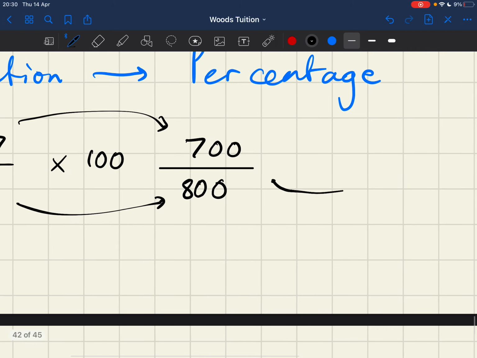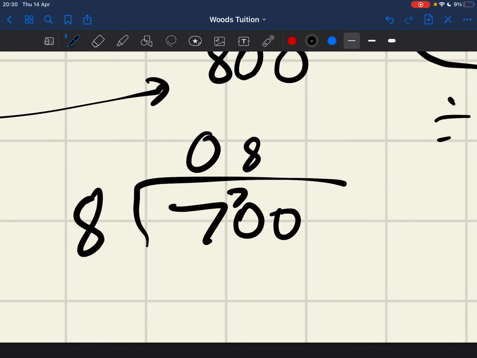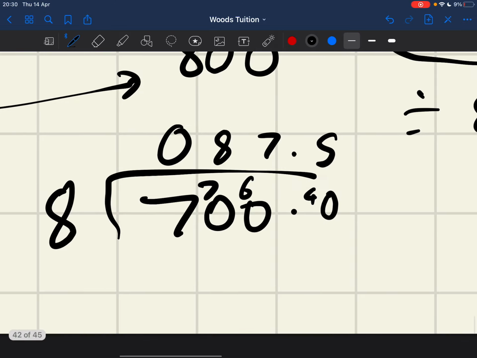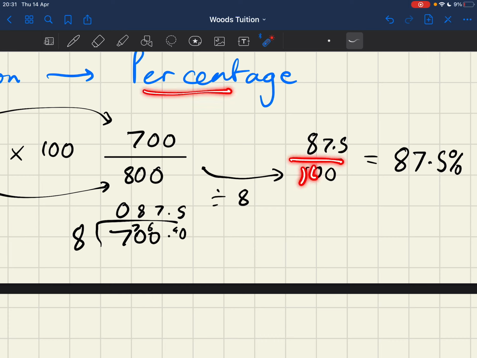Then to get it over 100, we would divide by 8. So it's going to be 700 divided by 8. Okay, so that's going to be 8, remainder 6, in 60 we've got 7, remainder 4, in 40 we've got 5. Okay, so it's going to be 87.5 over 100, which is equal to 87.5%. So that's the reason we put it over 100, because percent means per 100.